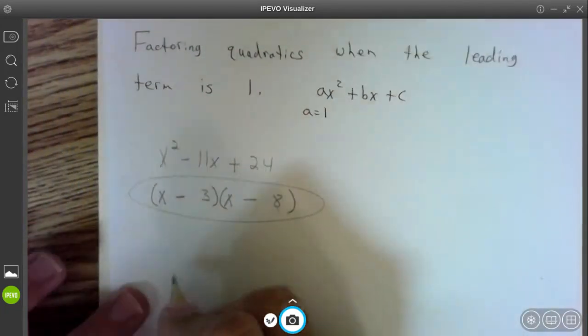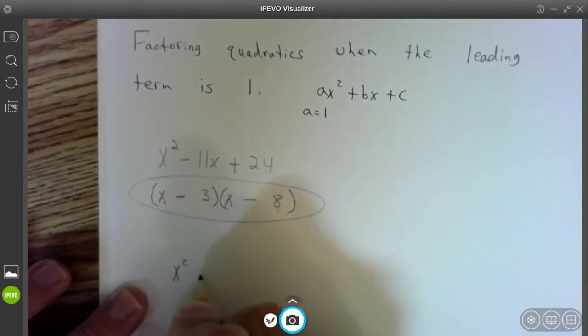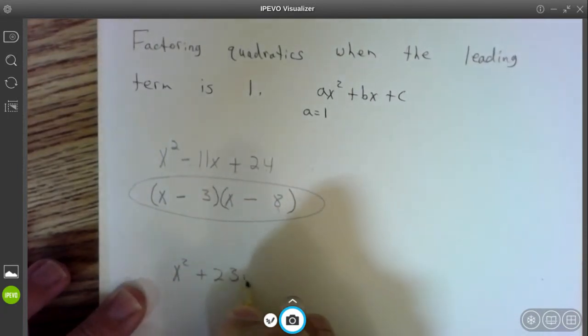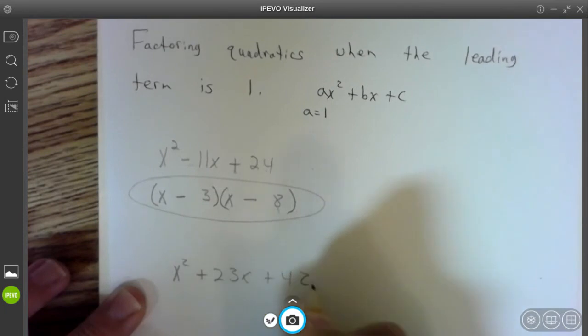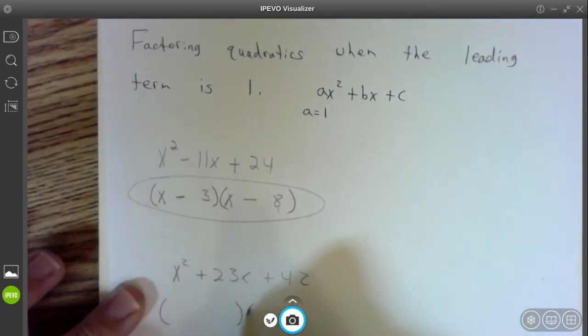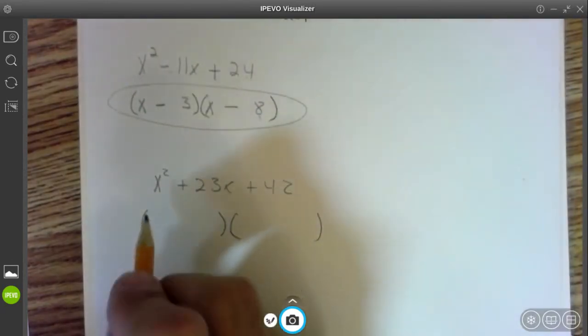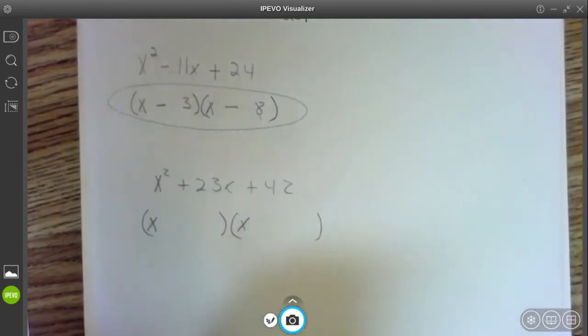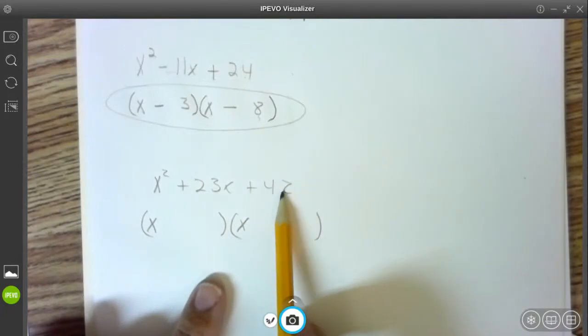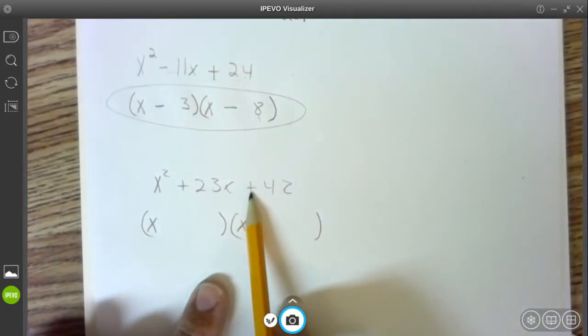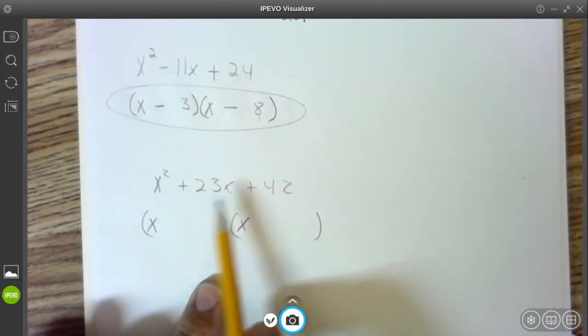All right, let's do another one here. I got x squared plus 23x plus 42. I'm going to factor this. So this has to be an x times x. I want two numbers that multiply to 42 and add up to 23.